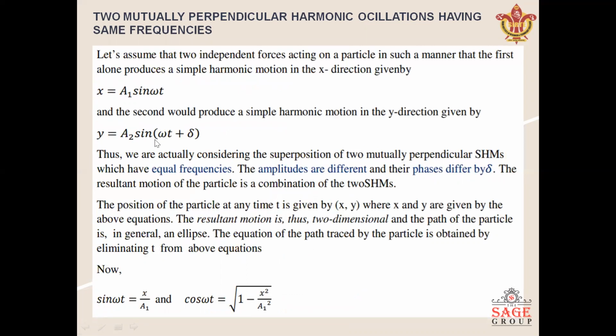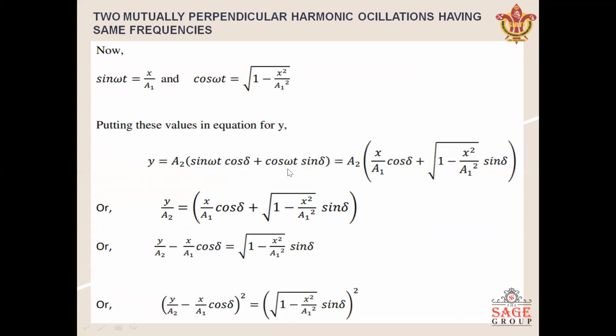As you can see, we are applying the formula sine (A plus B), that is sine A into cos B plus cos A into sine B. We just extended the formula sine (A plus B), where instead of A there is omega t and instead of B there is delta.